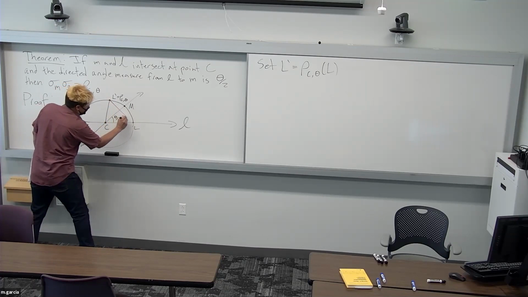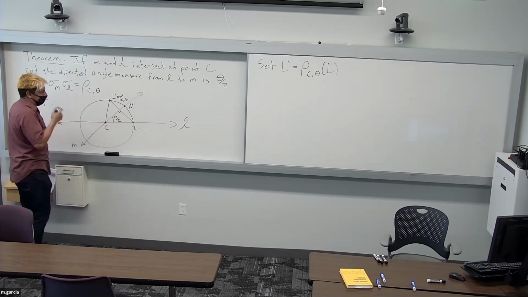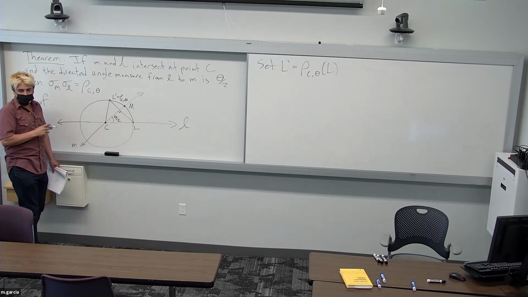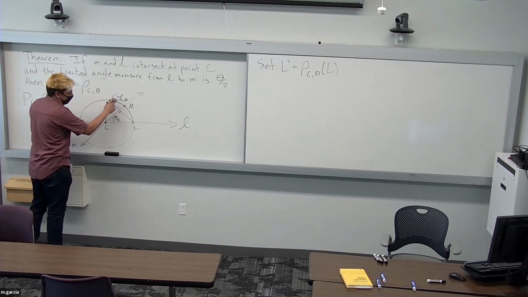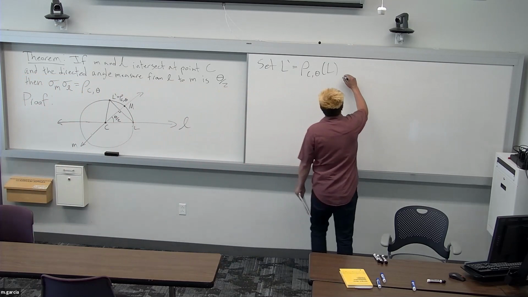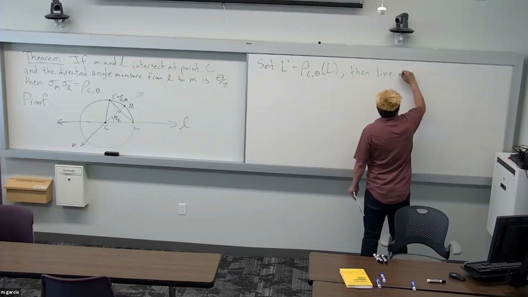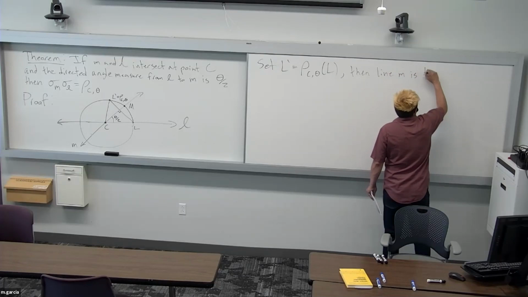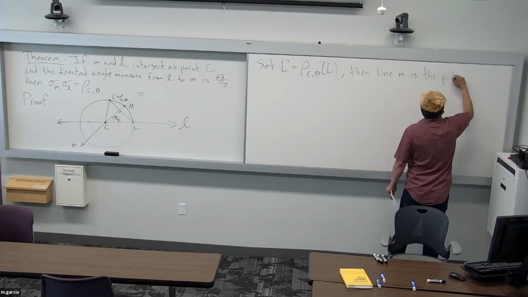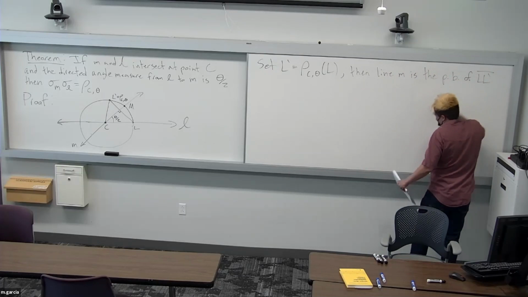And what we deduced yesterday is that the line M is the perpendicular bisector of the line segment LL prime.